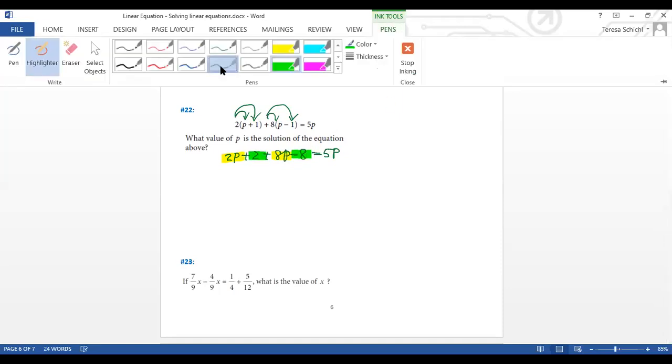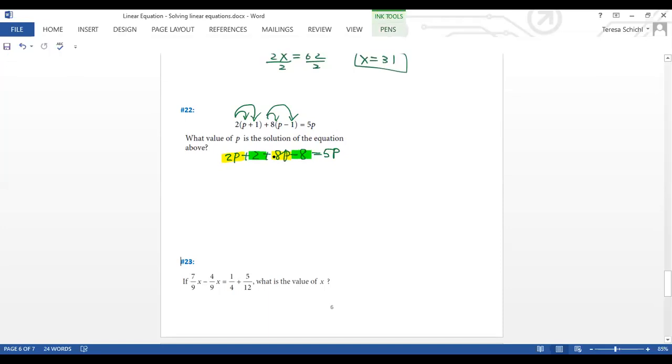So 2p plus 8p is how many p's here? It's 10p's. Then 2 minus 8 is how many? Here it's negative 6, so it's 5p. Now you plus 6.